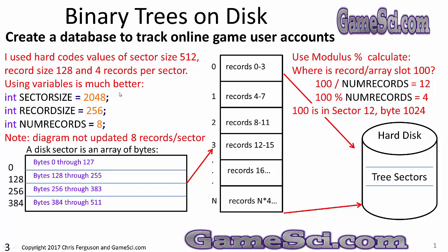Using the math based on these variables, I could say that 100 is going to be in sector 12 at byte offset 1024. Remember, each record is 256 bytes in this scenario, so byte offset 1024 is where you want to store record 100. It's simple math, people. All you have to do is calculate based on the sector size, the record size, and the number of records where something is going to be stored on the hard drive.